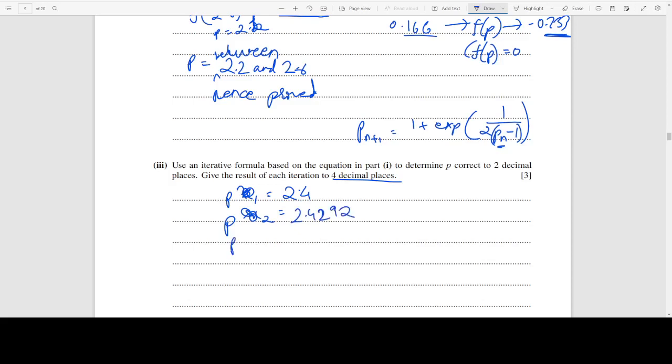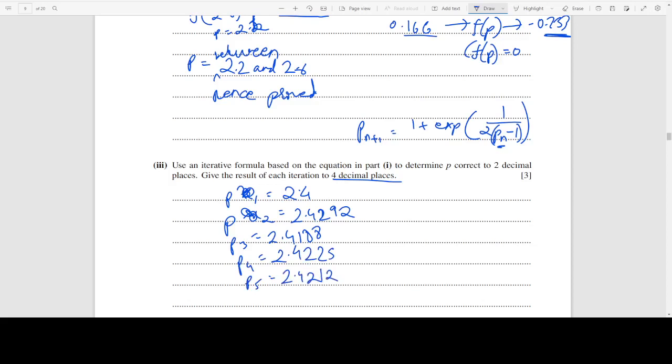to 4 decimal places. Then p3 is 2.4188, p4 is 2.4225, p5 is 2.4212.